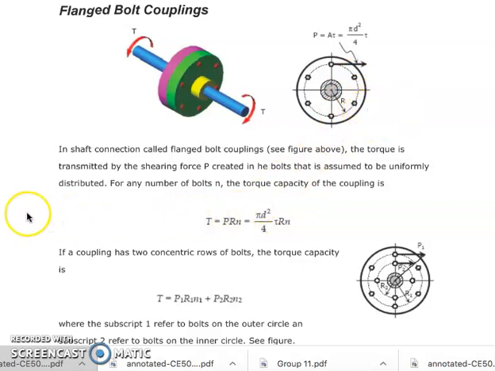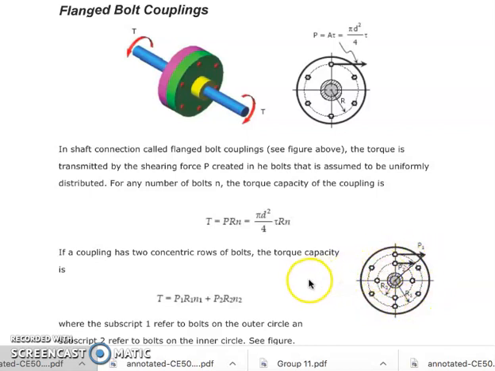However, if there will be two concentric rows of bolts, the torque capacity will be equivalent to T, which is equal to P sub 1, R sub 1, N sub 1 plus P sub 2, R sub 2 times N sub 2. And this is an illustration for two concentric rows of bolts. We have an outer circle and we have the inner circle.